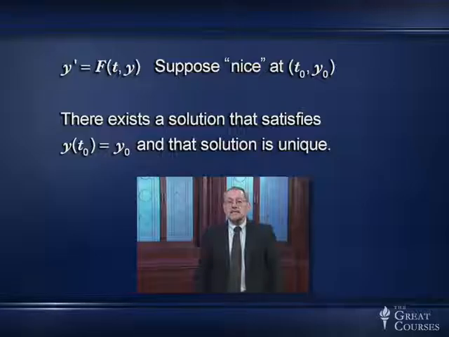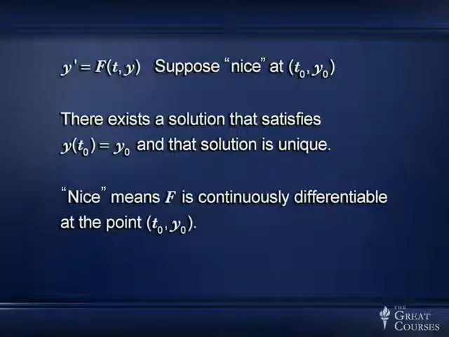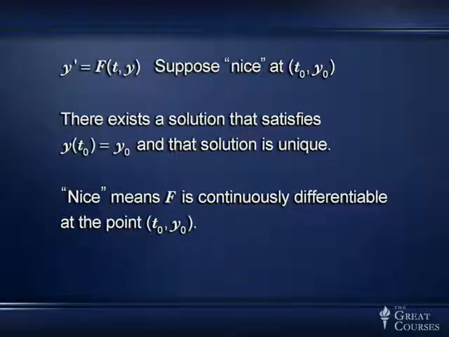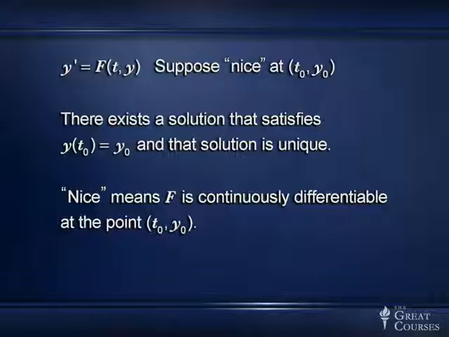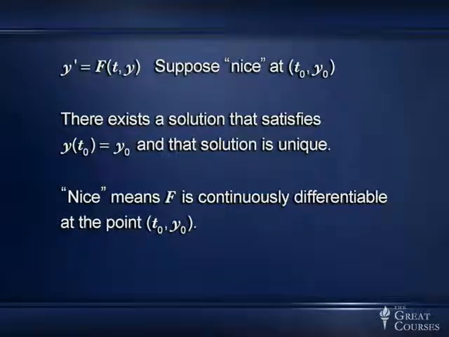Now, what does nice mean? Well, nice means that the right-hand side, f, is continuously differentiable at the point t0, y0. Remember what that means. That means you can differentiate f with respect to t and with respect to y at that point, and what you get is a nice continuous function. If that condition holds, then you've got, first of all, a solution through that point, and secondly, that solution is unique.